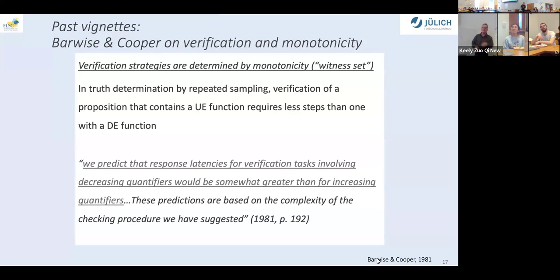So here is a historical puzzle for somebody who likes history. Barwise and Cooper's paper is from 1981. They had the evidence, namely the paper that I showed you from 1971 shows exactly something along these lines. That paper was around for 10 years.